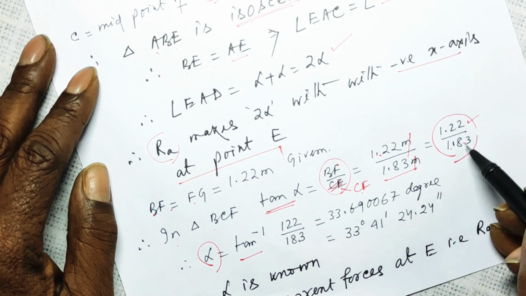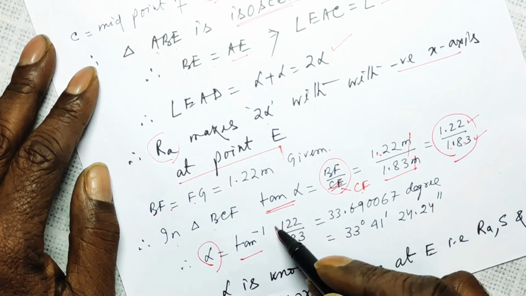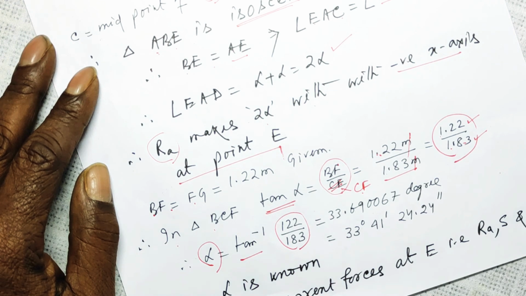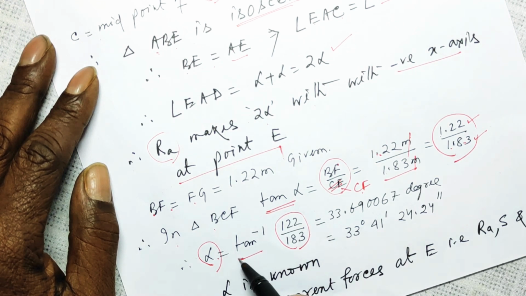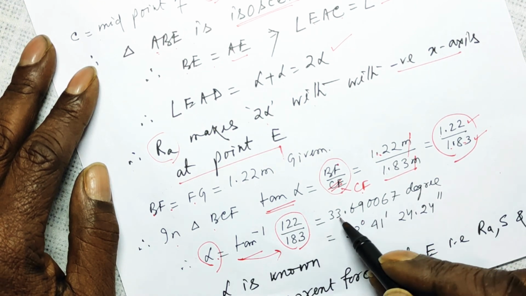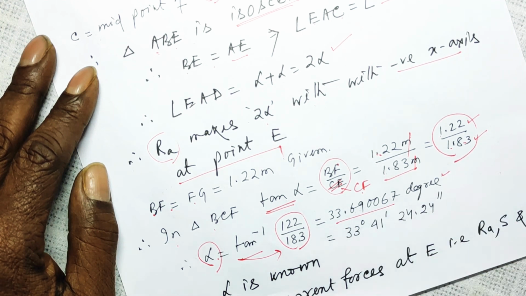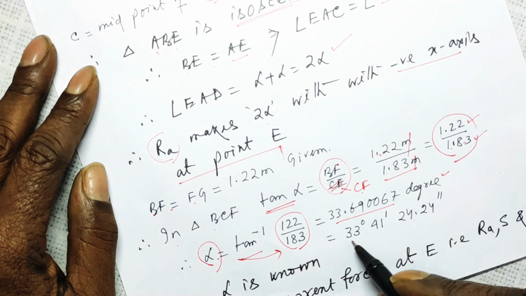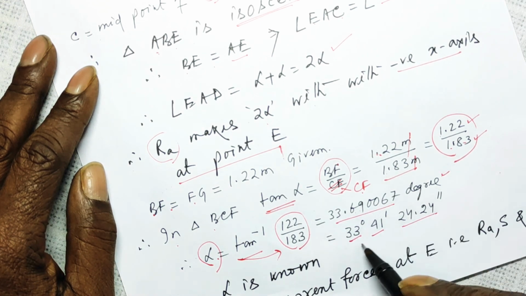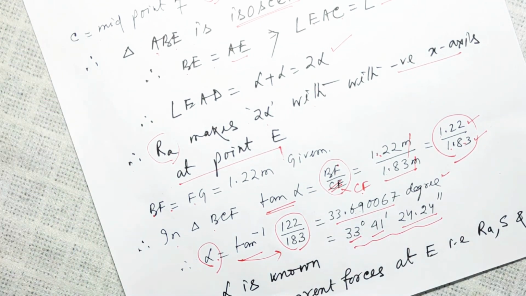Multiplying by 100, this becomes 122 over 183. Alpha is tan inverse of this, which gives us 33.690067 degrees, which you can convert to degrees and minutes on a scientific calculator.